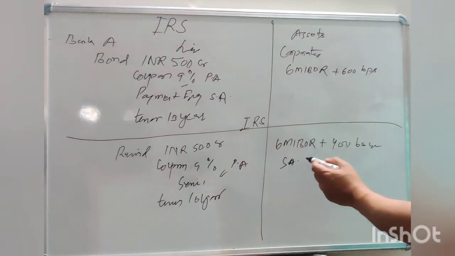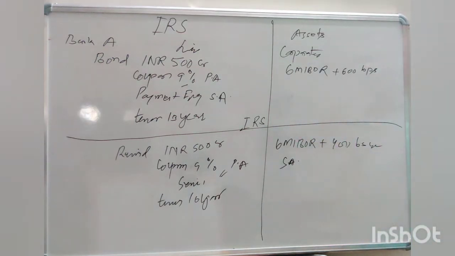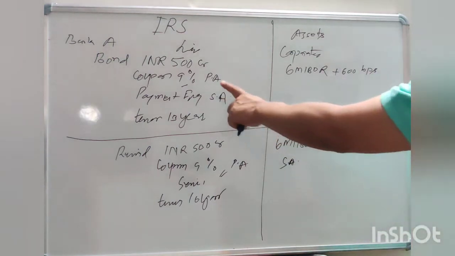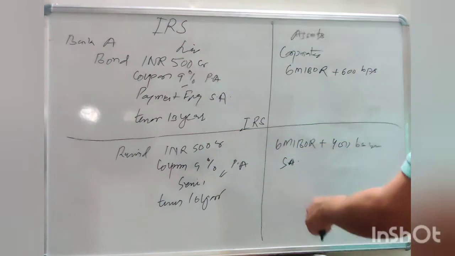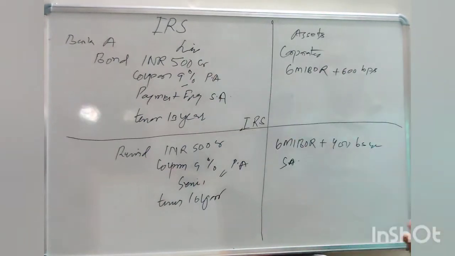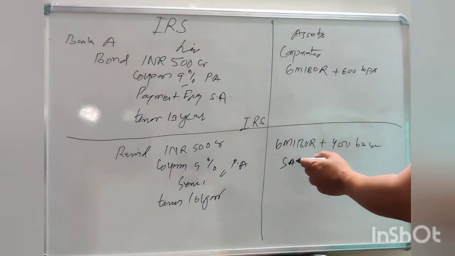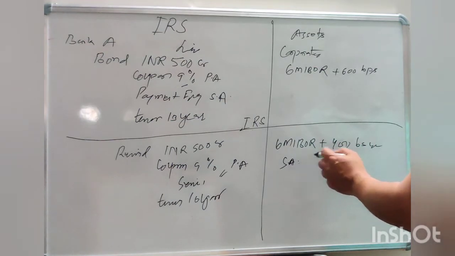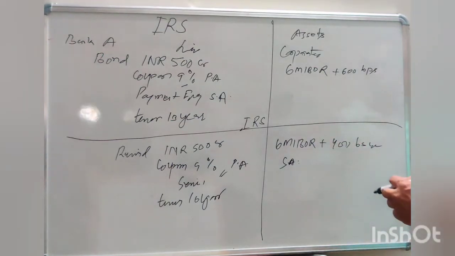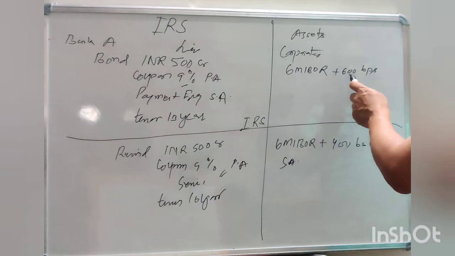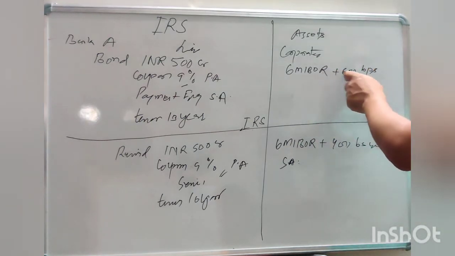And here the bank will receive the 9% coupon from the IRS counterparty that they will pay to the bondholders in the form of coupons, and whatever they pay to the IRS counterparty in the floating part will be much lower than what they are receiving from the corporate.